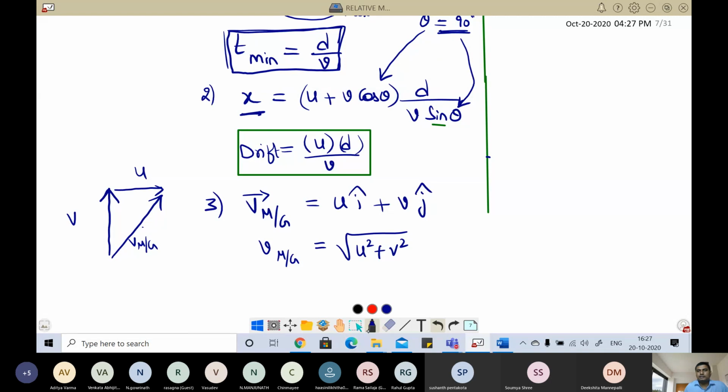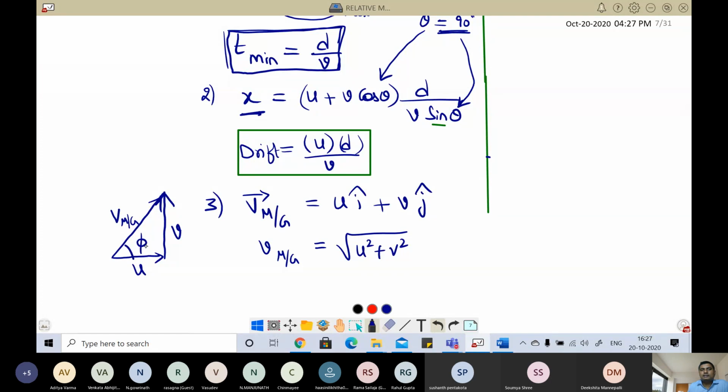Now I am shifting this vector here. This is the man's effort, and this is finally the velocity of man with respect to ground, which by Pythagoras theorem is root over u square plus v square.